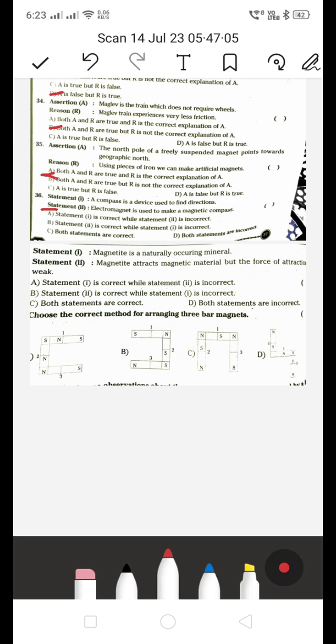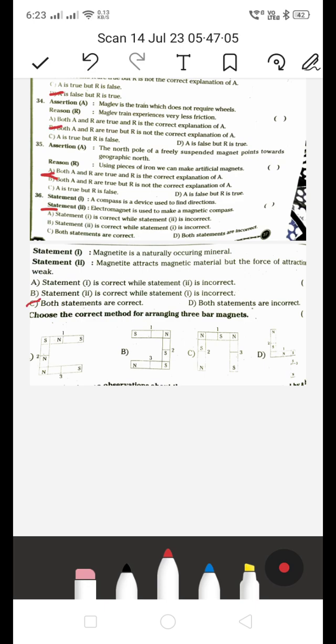And D, both statements are incorrect. Which is the right answer? A magnet is a naturally occurring mineral, the first statement is right, and a magnet attracts magnetic material but the force of attraction is weak. So both the statements are correct, and C is the right answer.